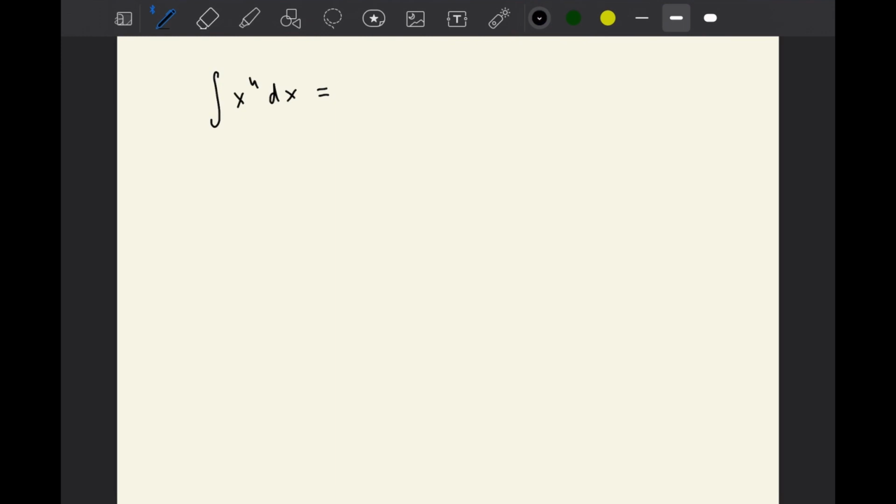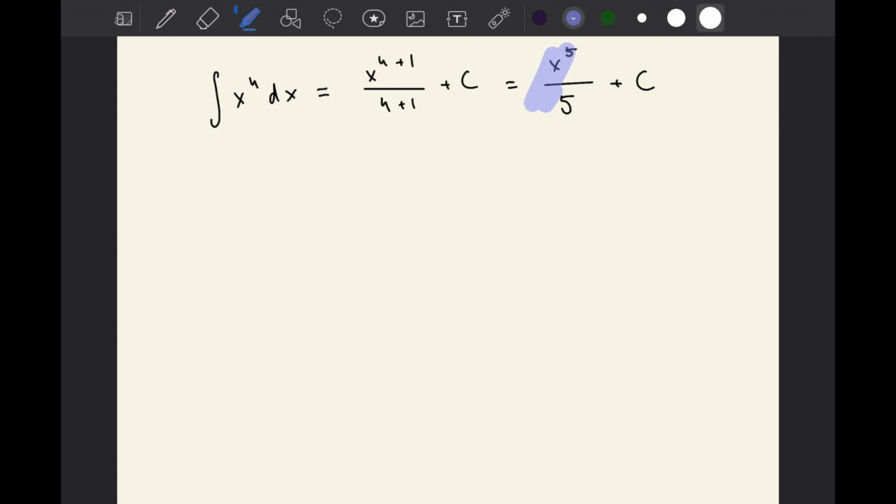The answer would be x to the power of 4 plus 1 over 4 plus 1, and we must not forget the c. So x to the power of 5 over 5 plus c. That's it. This is really simple. This here is our answer.